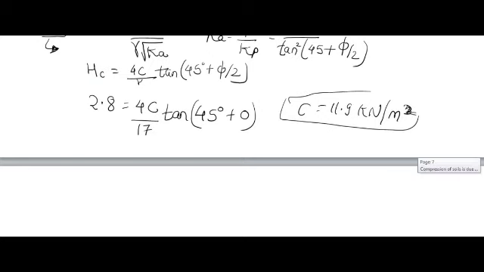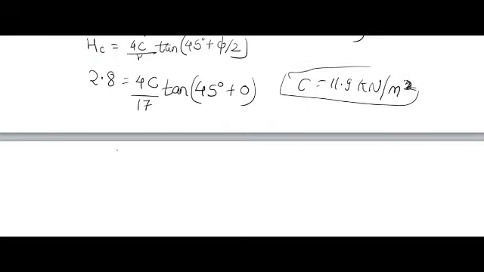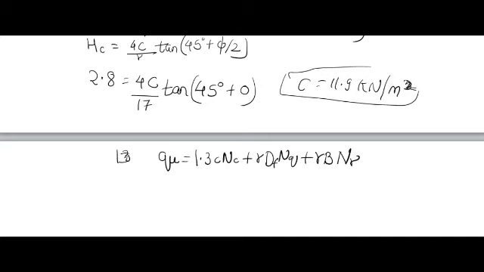So we will write the formula first. Ultimate stress for a square plate is given as 1.3 C NC plus gamma Df NQ plus 0.4 gamma B N gamma. The ultimate stress can be written as ultimate load by area of plate.